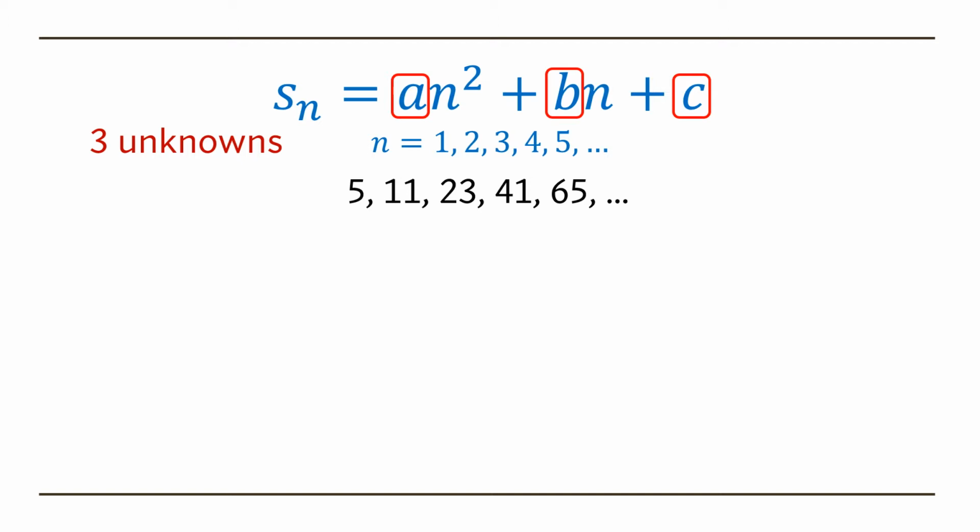Now, one of the key concepts that we learn in high school algebra is that if you have a certain number of unknowns, then we have to have the same number of independent equations in order to solve for those variables.